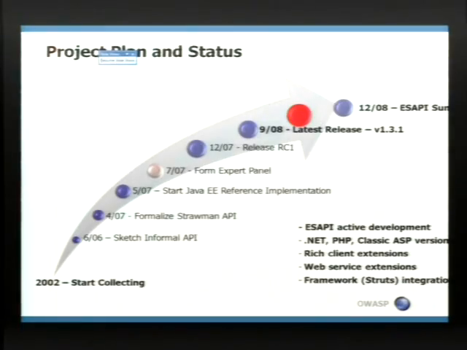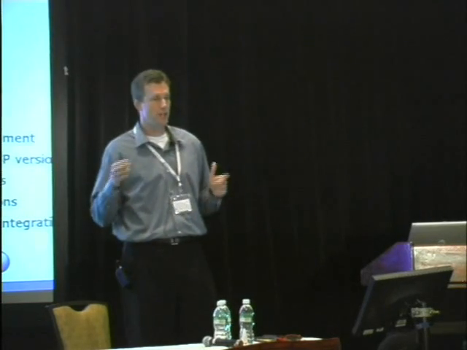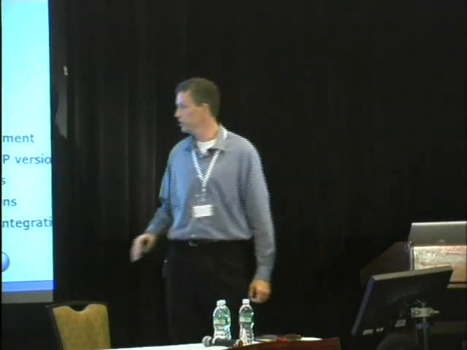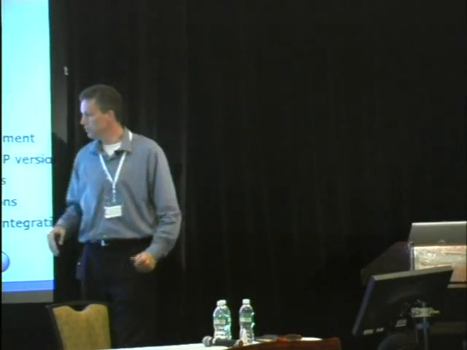Someone's building a classic ASP version, which is really cool, and this company Galois, which does a lot of work for the NSA on high assurance systems, they're building a version of ESAPI in Haskell, which is a high assurance language. It's a functional language. And I'm really psyched about that. They're actually going to use that in their implementation of multi-level secure web stuff that government is going to use. So I think that's pretty neat stuff.